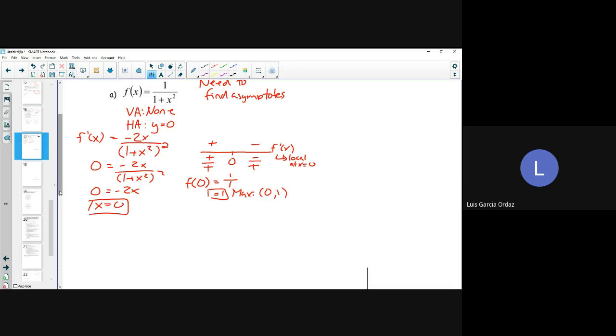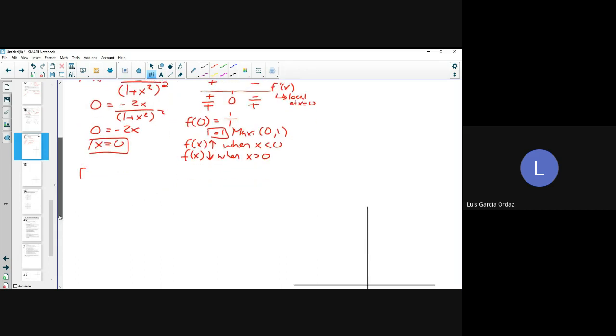So which means that my f of x increases when x is less than 0, and my f of x decreases when x is greater than 0. So now I need to take my second derivative to find out my concavity.